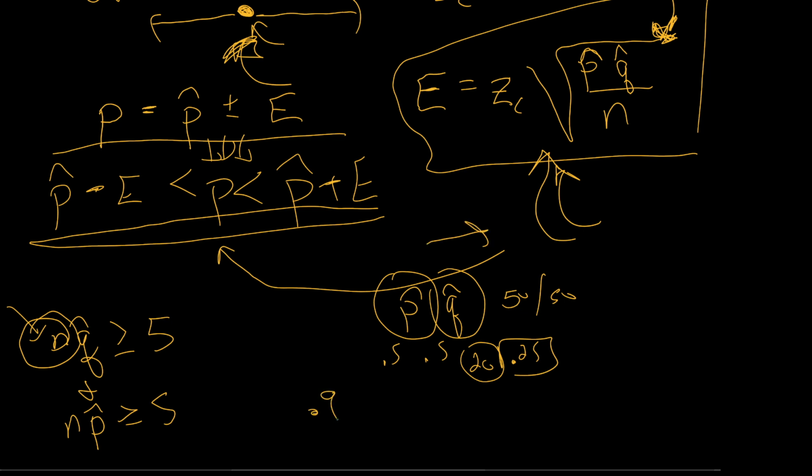Like if you have a 0.9, which would give you a 0.1 for the other, that gives you a 0.09, and for your n to get to 5, you're on the order of n equals 100. So you're on a high order of n. But this is the check we want to do, that n times q is greater than 5 and n times p is greater than 5. You'll find in most cases it's there.